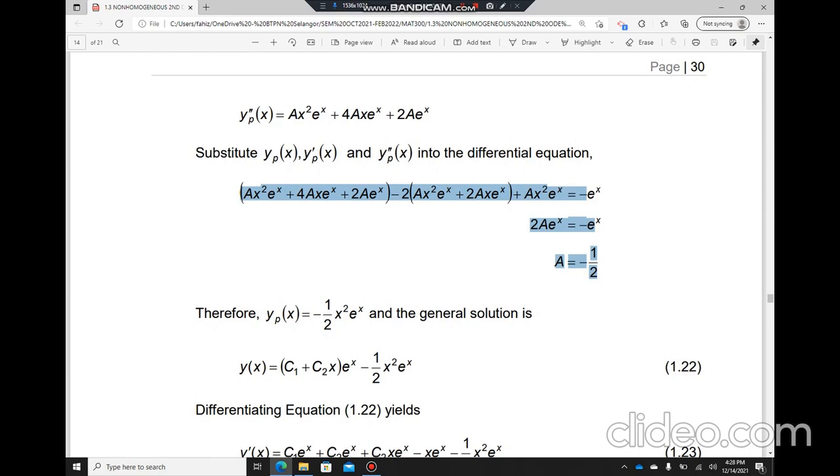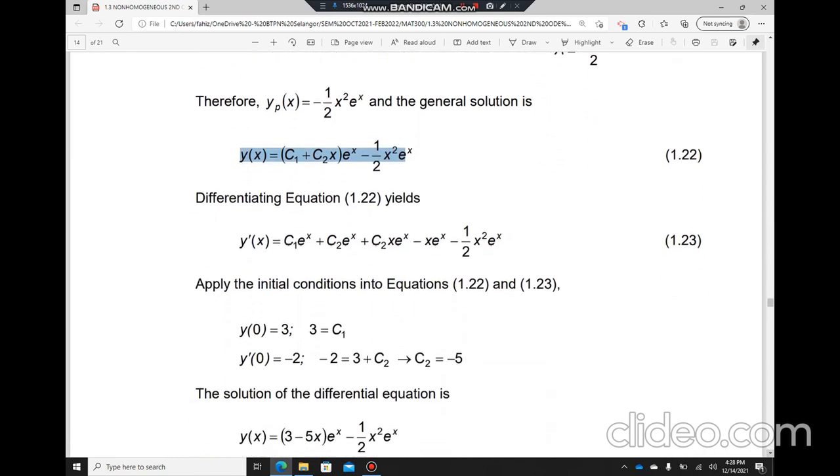Masukkan dalam, ganti balik dalam YP yang asal tadi. So, your general solution is C1 plus C2X EX minus 1 over 2X square EX. Okay, so you get the equation 1.22. Okay, since kita dah ada equation 1.22, so you differentiate. Okay, differentiate equation 1.22.